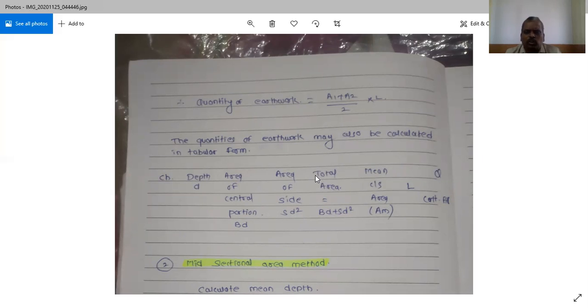If there is a number or series of lengths, for example, when we go for the survey of the road, about 1000 to 2000 meters, at that time, for making things easier, we are going to find out the quantity in a table. The quantities of earthwork may also be calculated in tabular form.